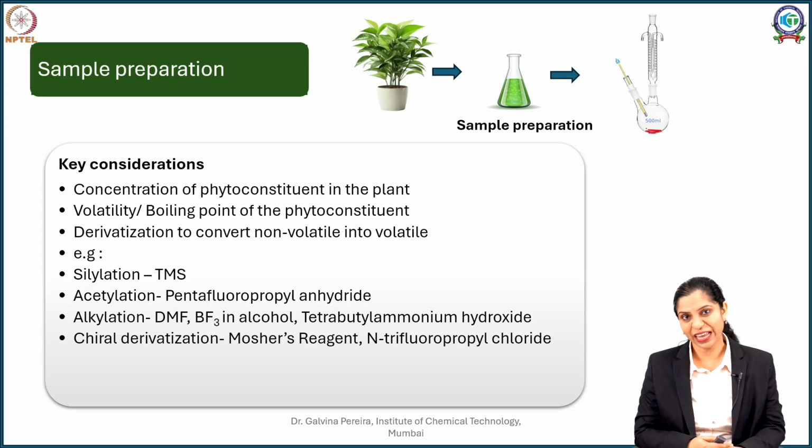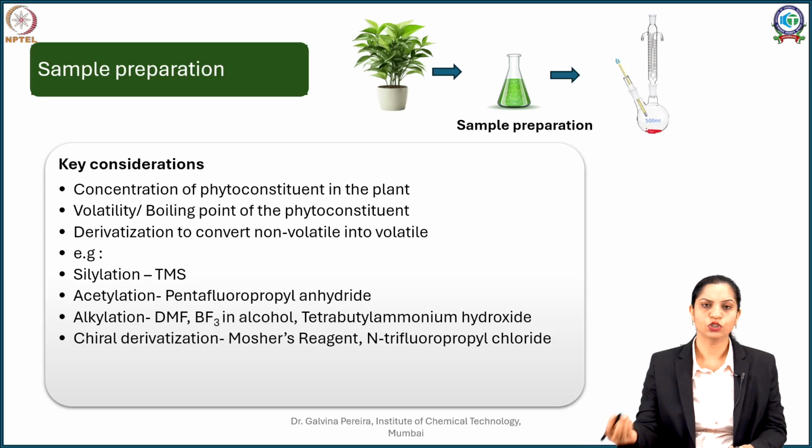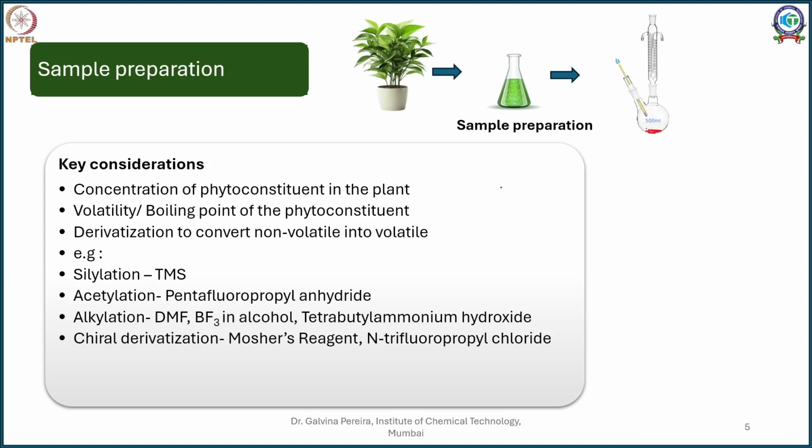There are some derivatization techniques which are often used. One is silylation. You convert your compounds into what are called trimethylsilyl derivatives. For example, if your fatty acid is RCOOH, I can convert it into RCOO-silyl, and to this silyl I can have trimethyl.